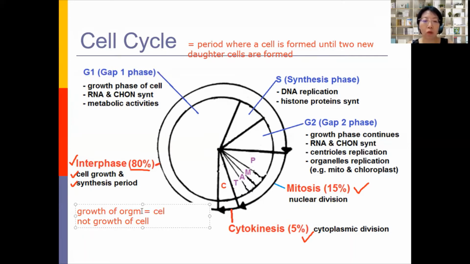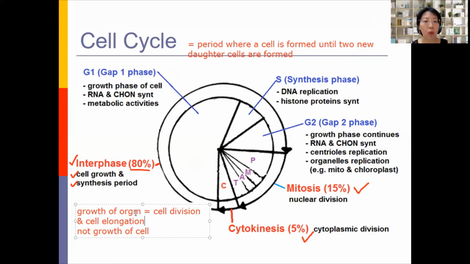The organism grows by cell division and cell elongation, remember? The cell divides and then the cells enlarge, so you get more and more cells, and the cells enlarge as well. That causes the organism to grow.